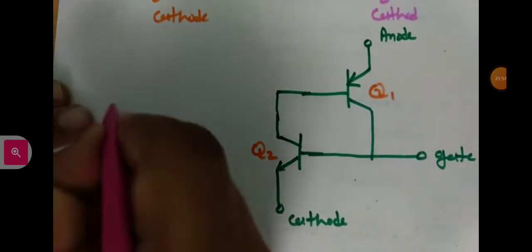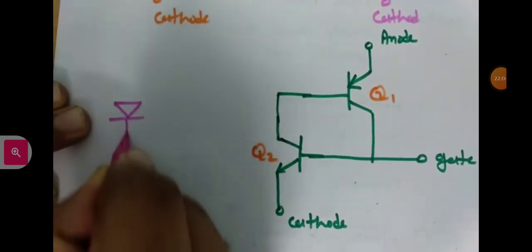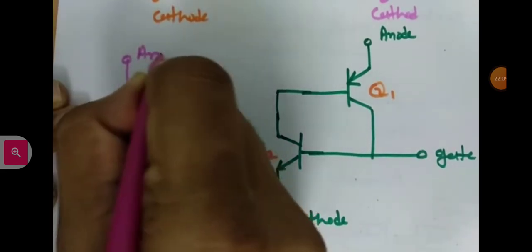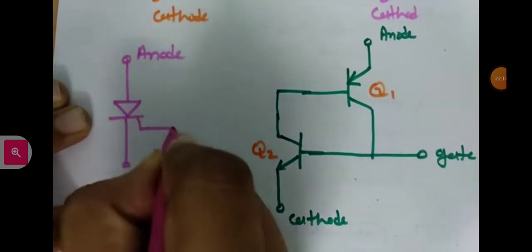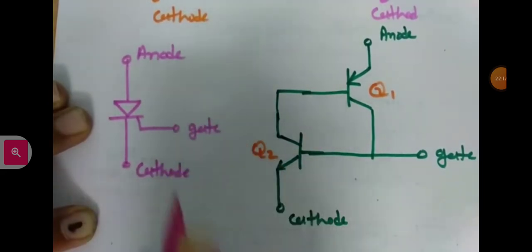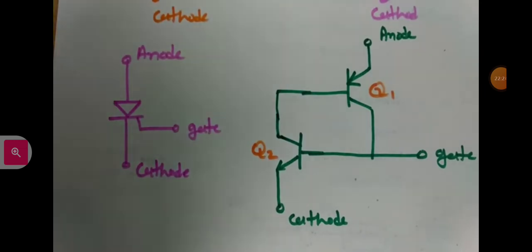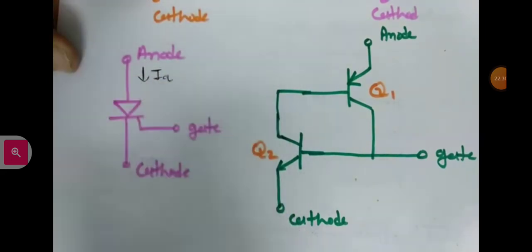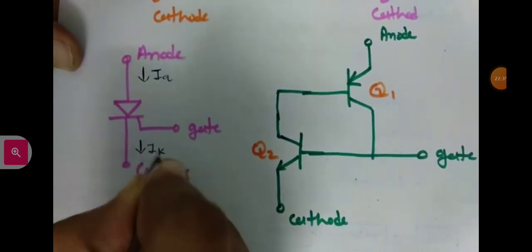One aspect, which one can clearly see over here, is the SCR, where this is the anode, this is the cathode, and this is the gate. The anode current that is entering is IA, and the cathode current that is leaving is IK.